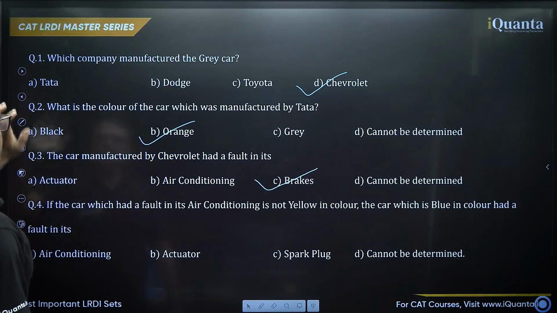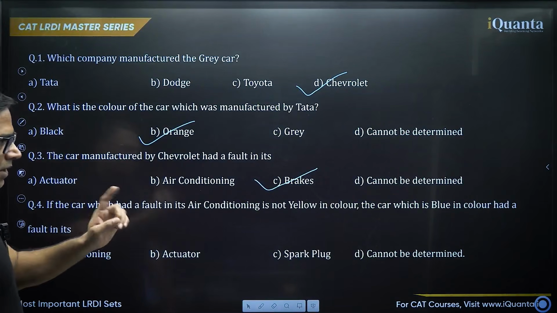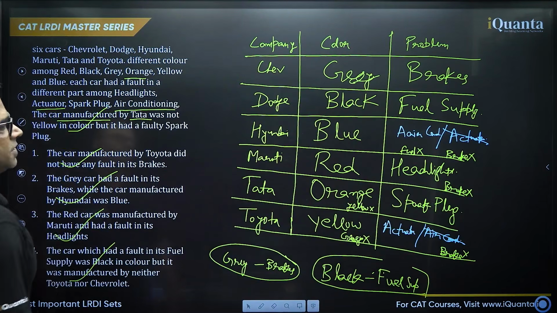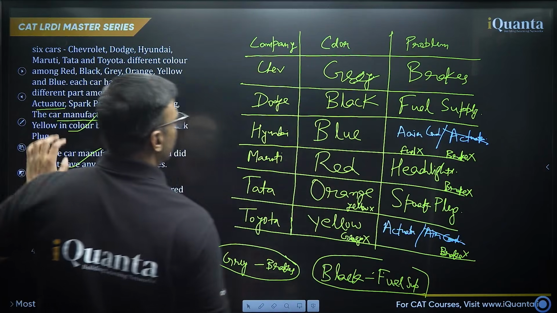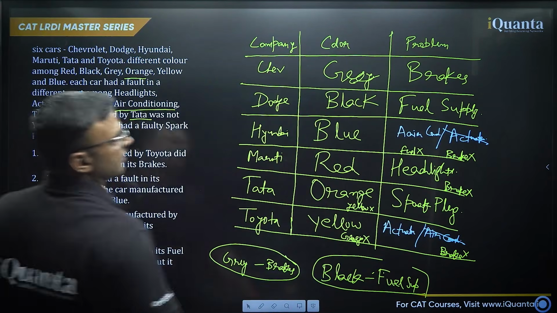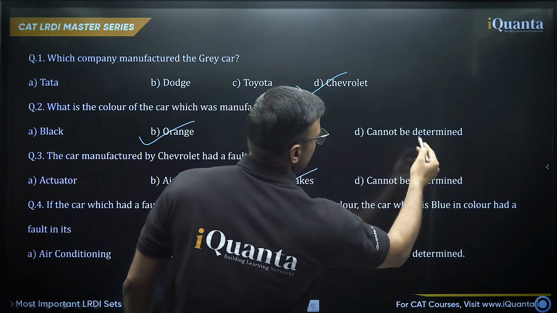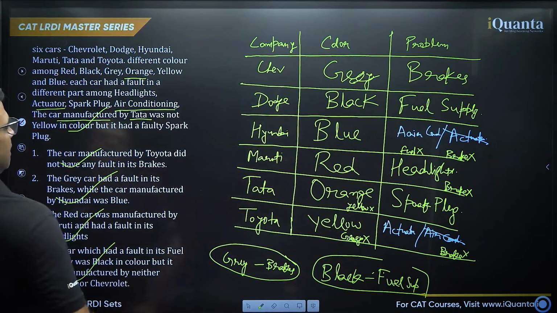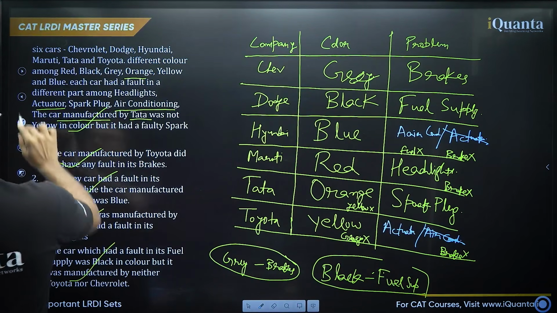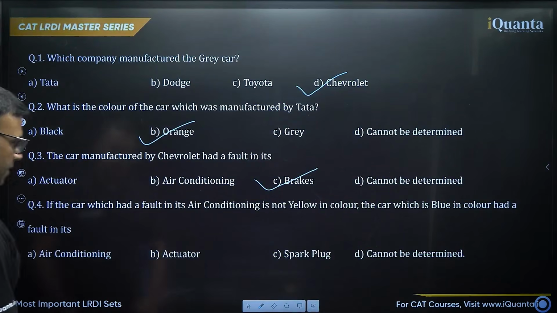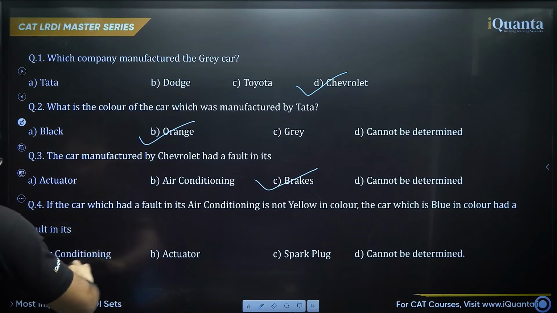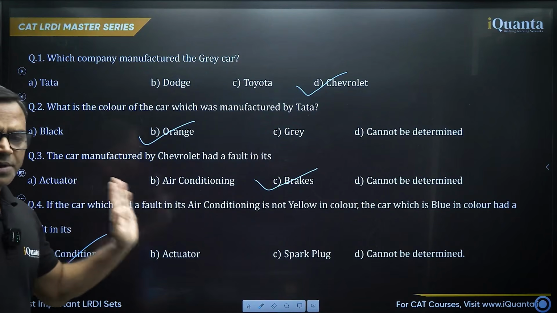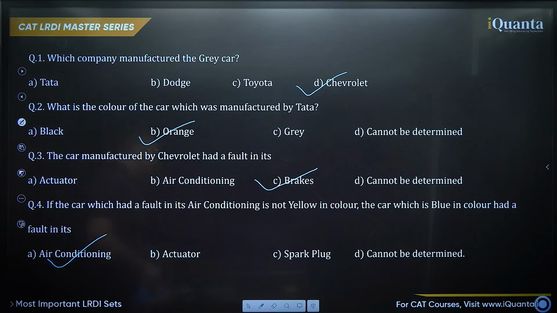The car which is blue, what is the fault? The fault is air conditioning. Oh, I have written 2A, doesn't matter. I hope you get that. So the answer is blue has air conditioning trouble. So this was an easy, simple question. Always make sure that you follow the instructions given very carefully.